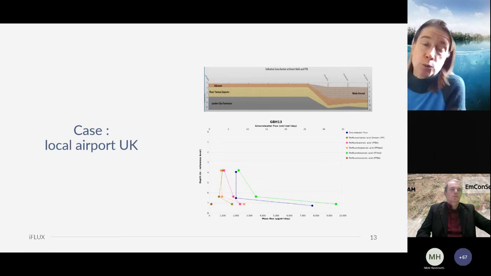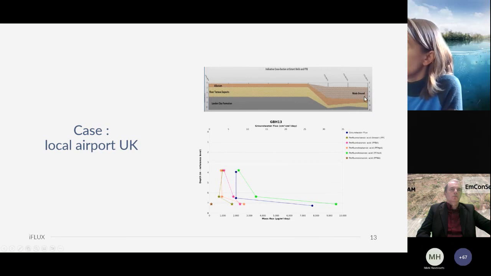So we installed 3 different samplers in the 3 different formations to evaluate the flux or the mobility of the contamination. As you can see below, the figure with the flux measurements shows that the mass flux in the underlying river terrace deposits was much higher than in the upper layers.